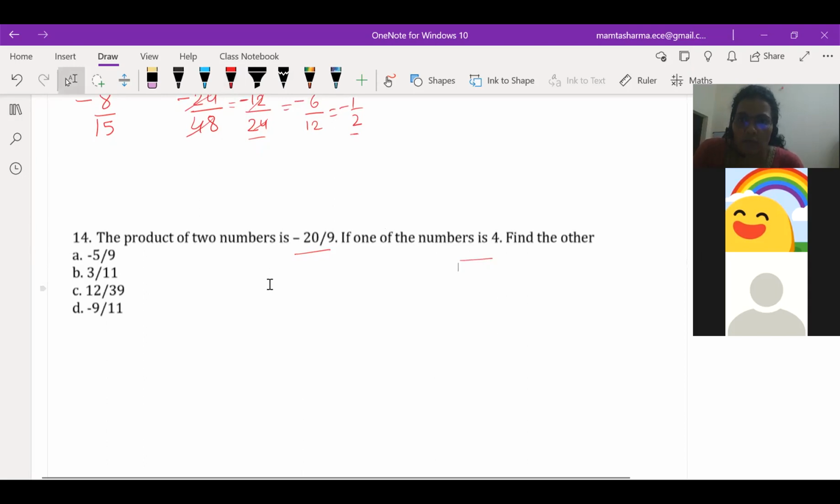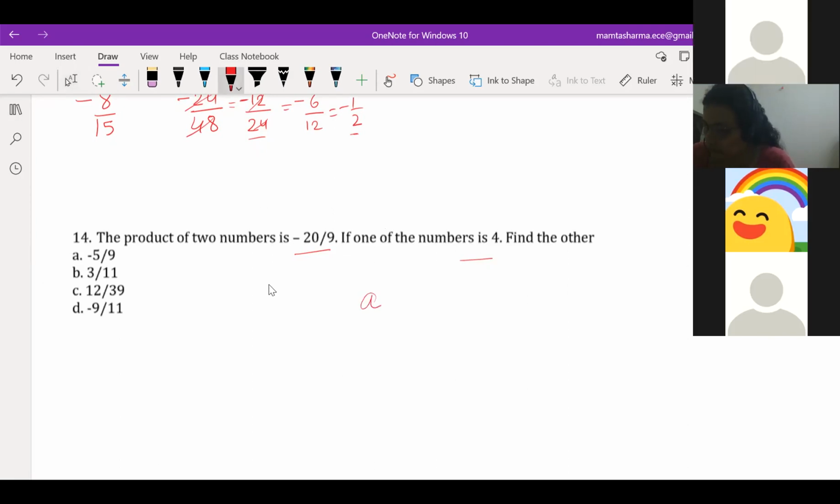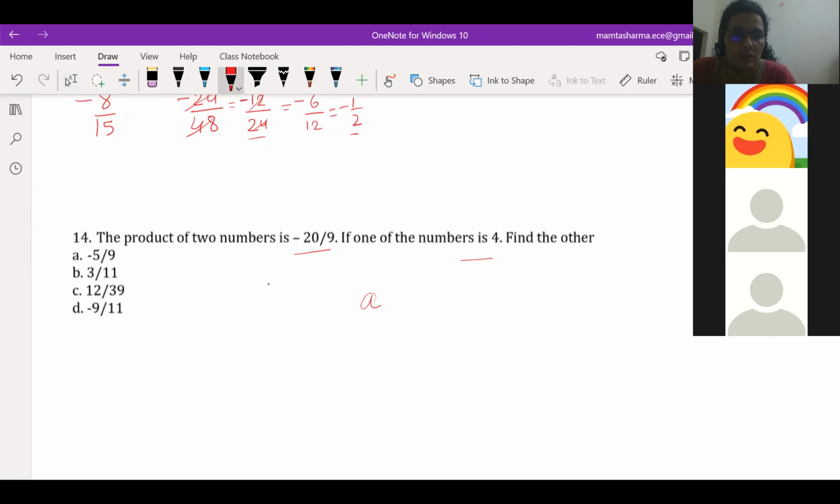Anyone got it? Bhavya, tell me. Option A. According to Bhavya, option A is correct. Anyone else who is in favor of this option?